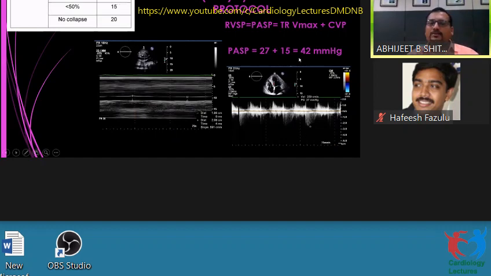Suppose here there is less than 50% collapse and IVC is more than 17 mm diameter, then CVP is 15. 15 plus the peak TR pressure gradient of 27 gives rise to a PA systolic pressure of 42 millimeters of mercury.